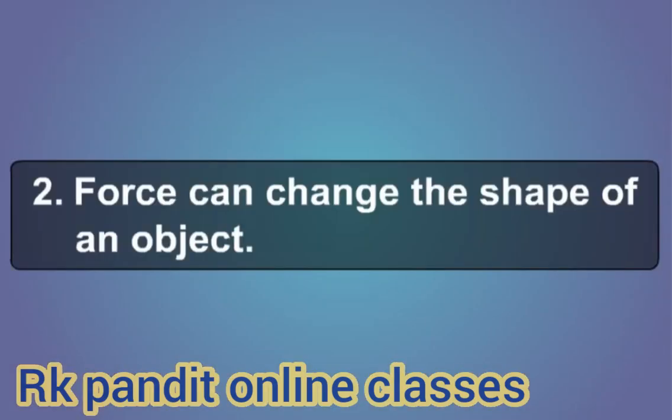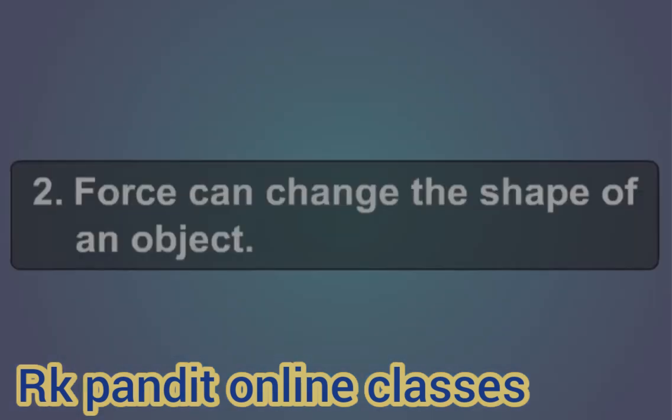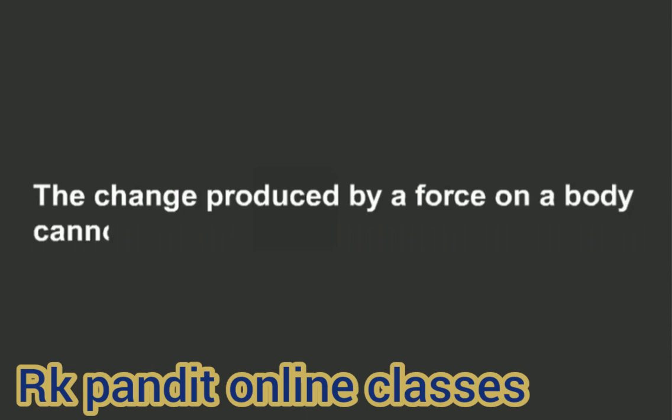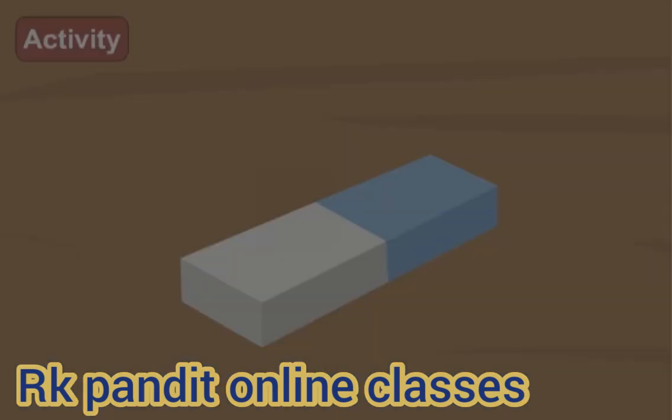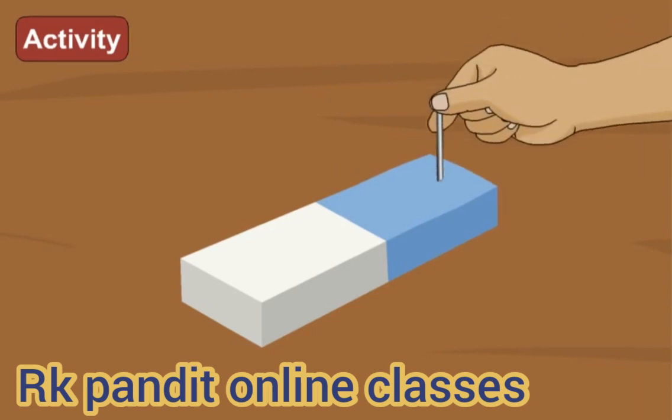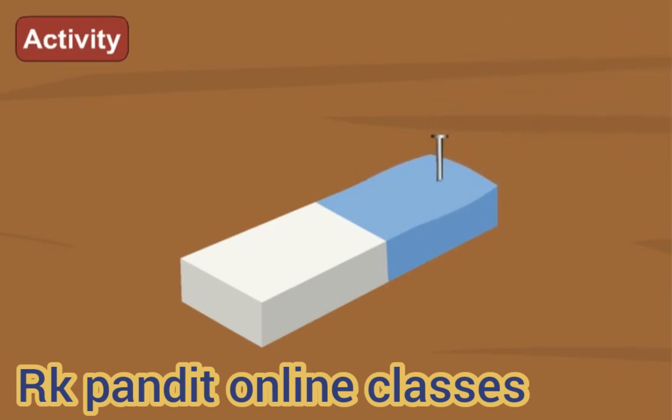Students, force can change the shape of an object. The change produced by a force on a body cannot always be observed clearly. Look at this activity. Do you have an eraser? Take an eraser. Then, insert 2 nails, each of 1 inch, at the near ends of the eraser.